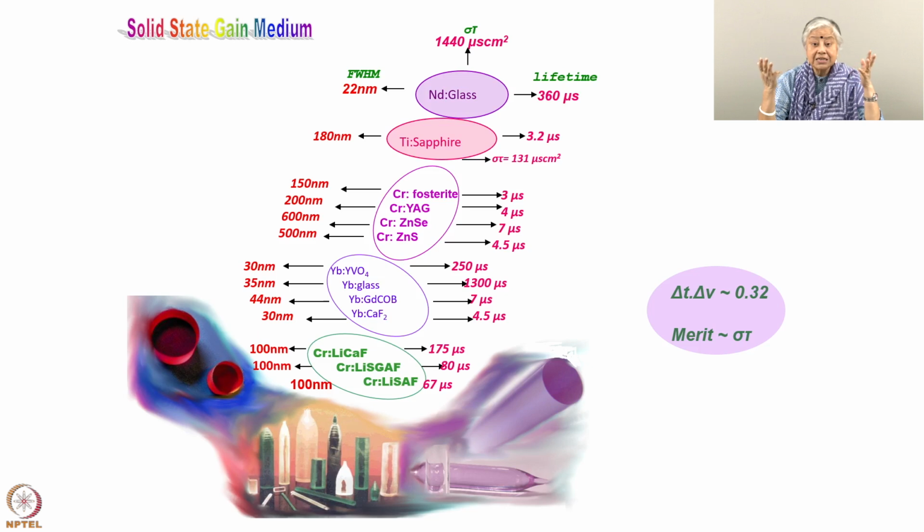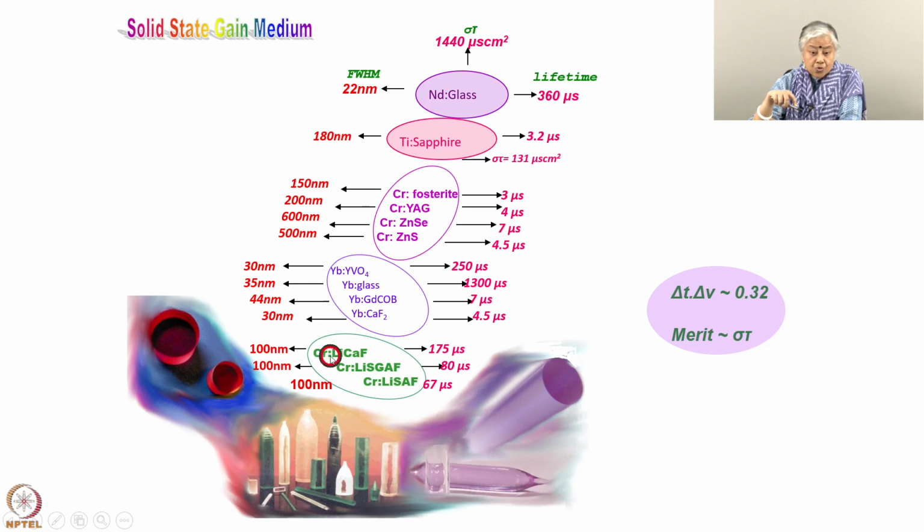I have been speaking of ND glass till now, but then if you really see, there are many gain media which have been developed over time, and so many glass media, as you can see here, are available. Now, how do you know which one to choose? They are all perfectly made.